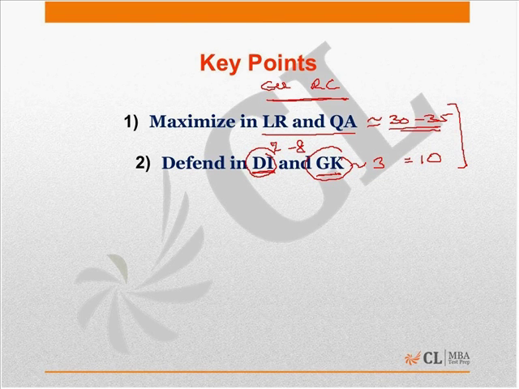RC you can look at 7 to 8 marks comfortably, assuming you are good in RC. So if you look at EU and RC giving you anything up to 15 marks on the higher side, or maybe even up to 12 or 13 marks, you will be safe. But the key I will always maintain is you have to maximize in LR and Quant.